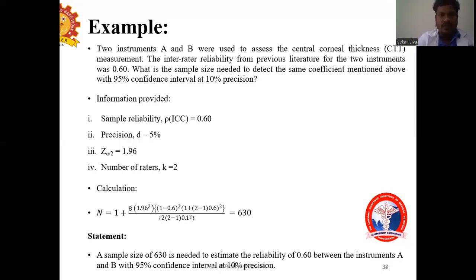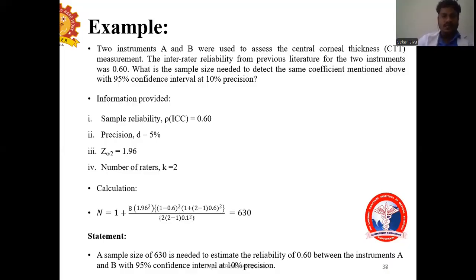So as per the information provided, the sample reliability ICC is 0.6, precision 5%, and the alpha level is 1.96, the number of raters is 2. 8 into 1.96 into 1 minus 0.6, the intraclass correlation coefficient, and the total sample size is 680.